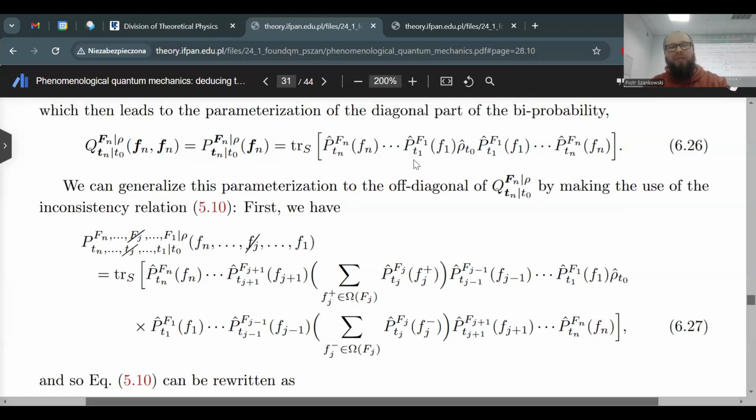But at this point, this is what bi-probability is, the discrete time version of it. We know that underneath there is this bi-trajectory distribution. At least we have some inkling that it is there. This is the picture we have right now. Collapse is something extra if you want to put it in.